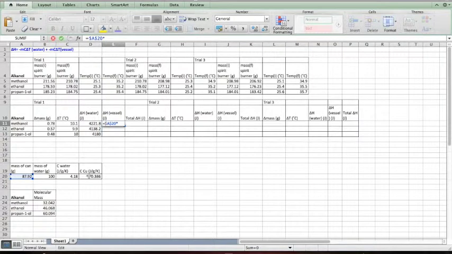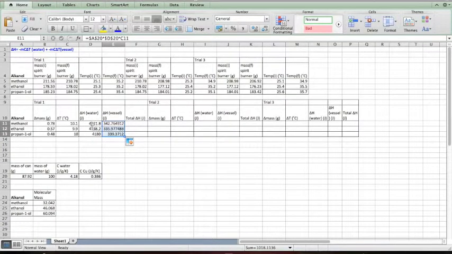Times by our specific heat capacity for copper, once again that doesn't change as we drag the equation down, so we have to put the dollar signs in. Then we need to multiply it by the change in temperature again. Alright, so here's the change in temperature, and we do want that to change as we drag this equation down. So once again we drag this down.